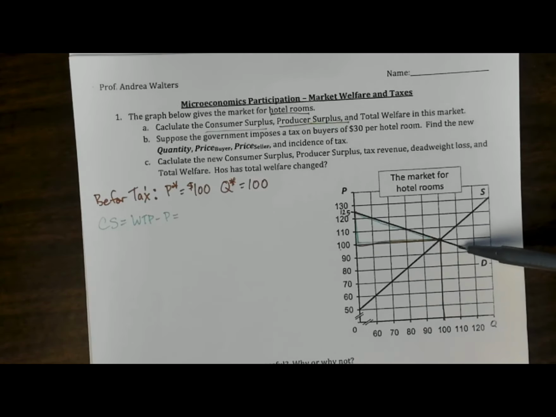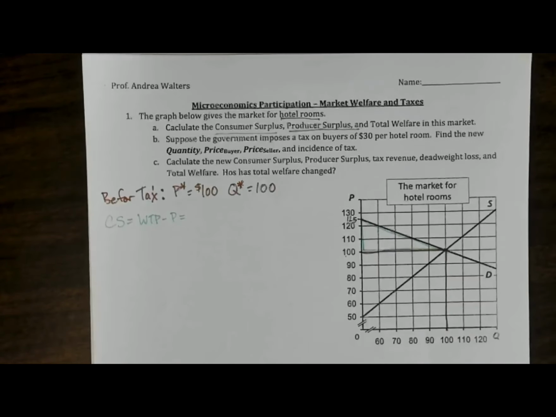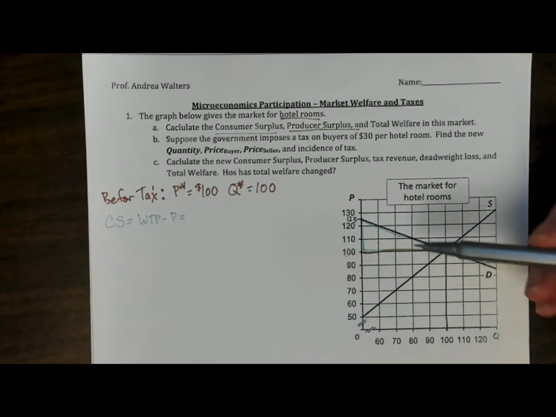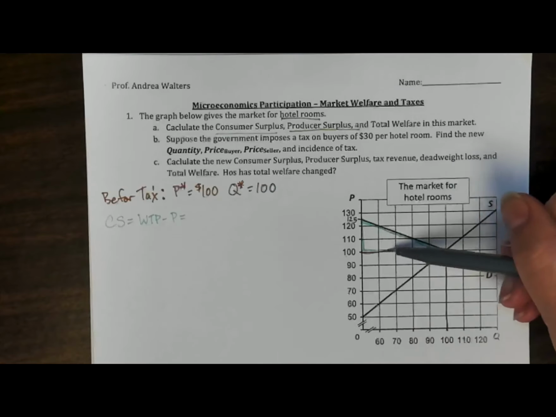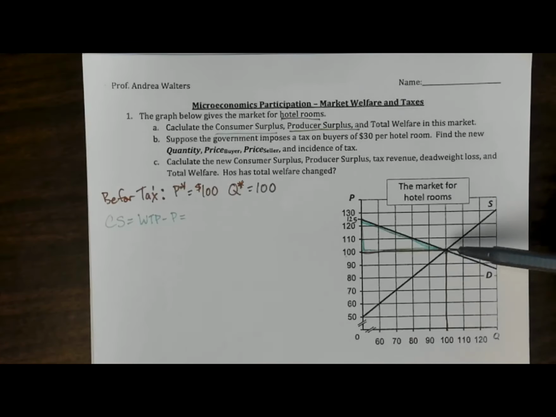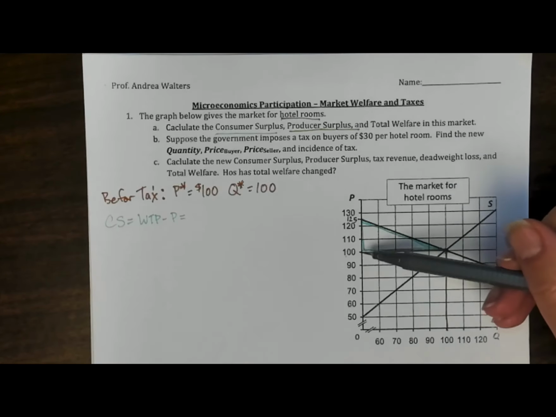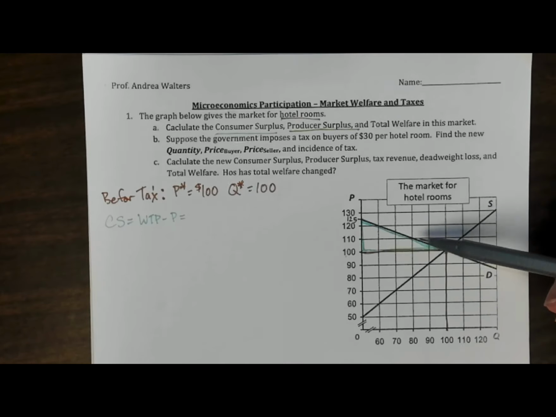And then there are these people down here who would want to pay less, maybe only $90 for a hotel room. They don't enter the market because this equilibrium price is too high. But everybody here in this teal triangle is in the market buying a hotel room and paying $100 of it regardless of their willingness to pay.